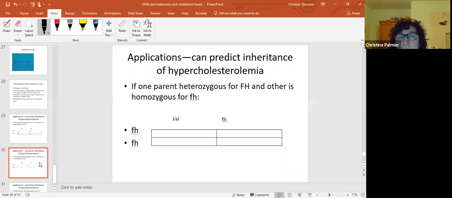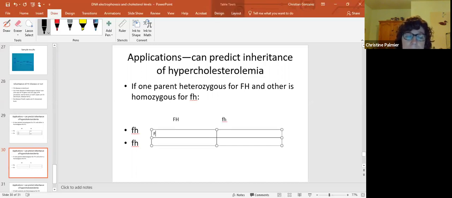Here, we're looking at if 1 parent is heterozygous, as shown on the top, but they still have high cholesterol, and one's homozygous for normal cholesterol, little fh, little fh. What are the chances now of the children getting high cholesterol? Well, this square is big FH, little fh, high cholesterol. This individual on the top right is normal cholesterol because it has little fh, little fh.